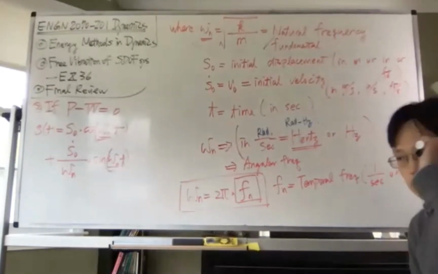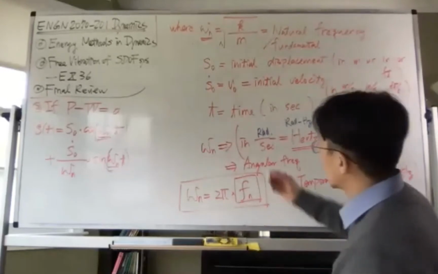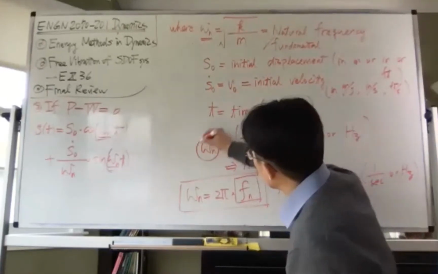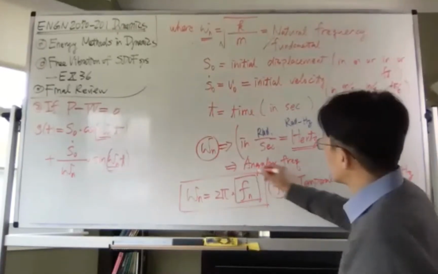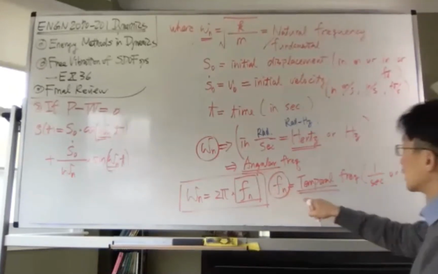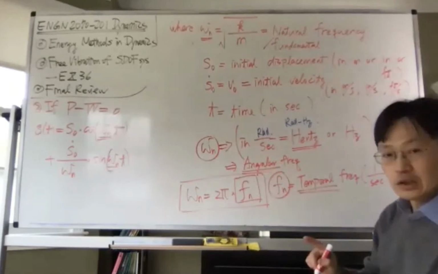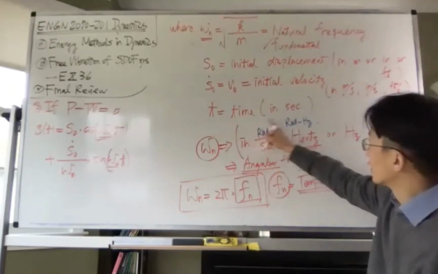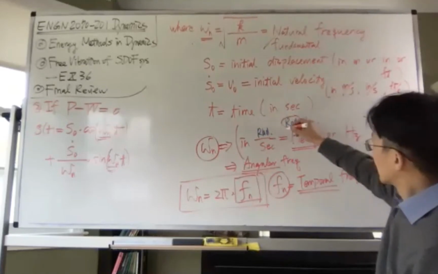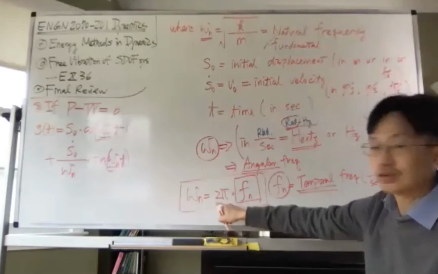So the last piece in today's lecture is to be careful that there are two different kinds of frequencies you should know. One is angular frequency, the other temporal frequency. Temporal frequency is in the unit of hertz. Angular frequency is in the unit of radian hertz. Notice that's why I said this is angular, and they are related by this factor 2 pi.